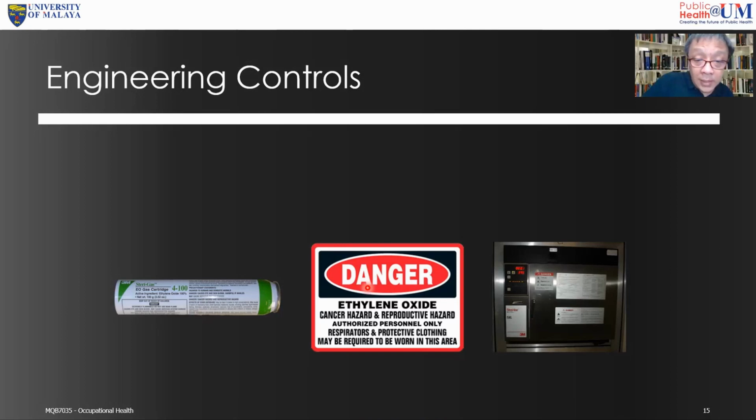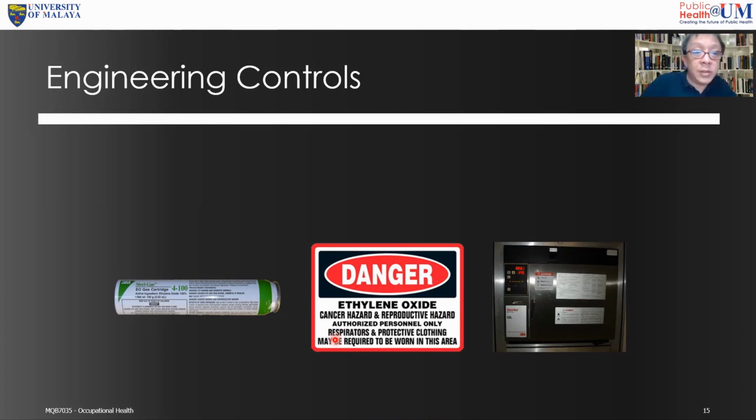We look at the danger sign: ethylene oxide, cancer hazard, reproductive hazard. Authorized personnel only. Respiratory and protective equipment may be required to be worn in this area. If you are using it within the closed environment and the machine is functioning properly, this personal protective equipment is not needed, because it is a closed loop.